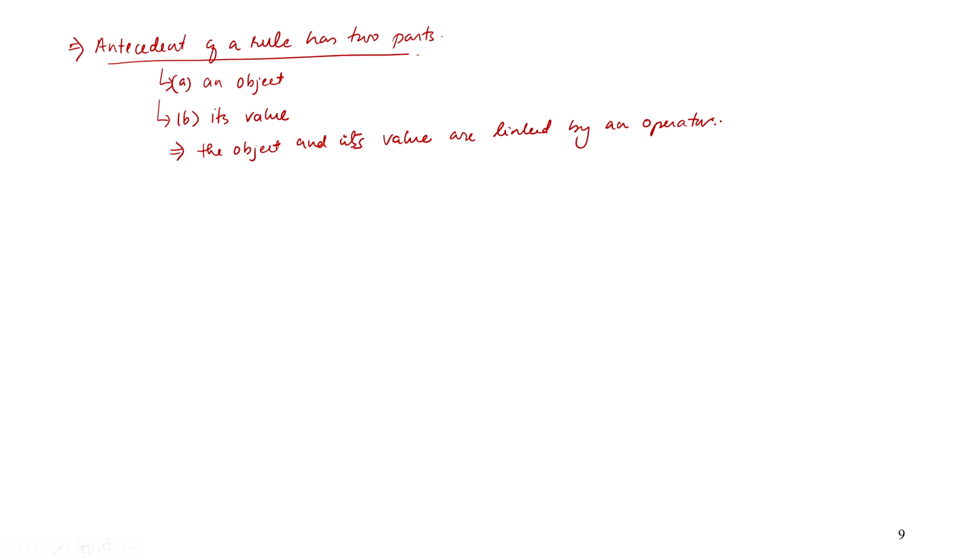So, the antecedent of a rule has two parts. The first part is an object, the second is its value, and they are linked by an operator.